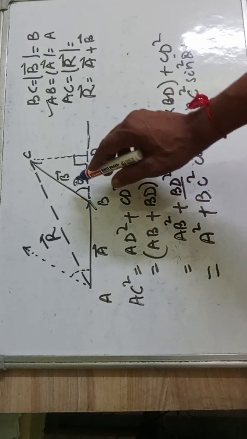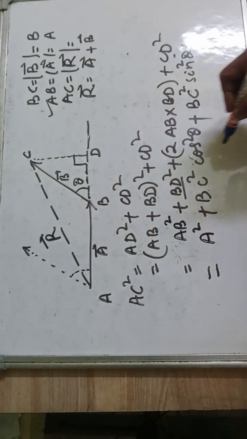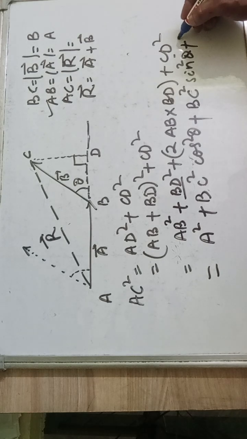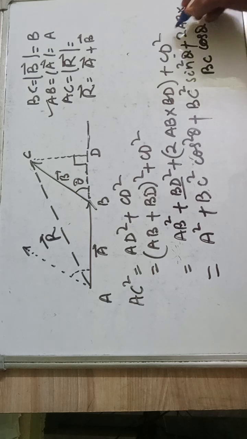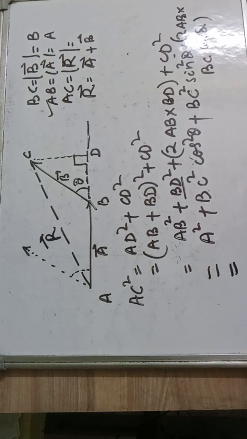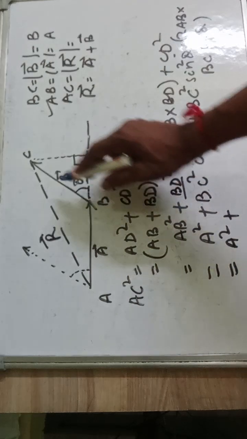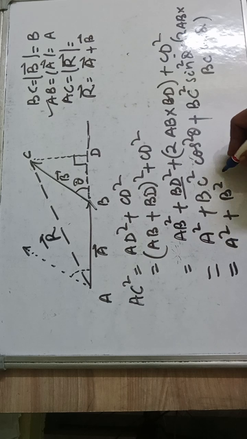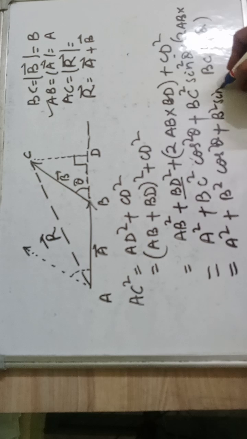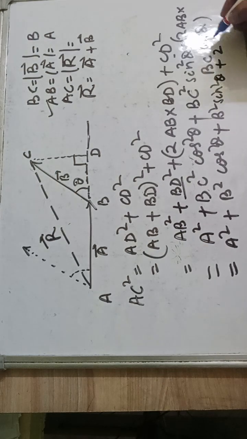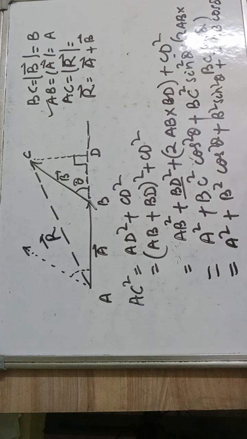AB is A and BD is BC cos theta. Now this became A square plus BC is our B, or B square cos square theta, plus again B square sin square theta, plus 2AB cos theta.